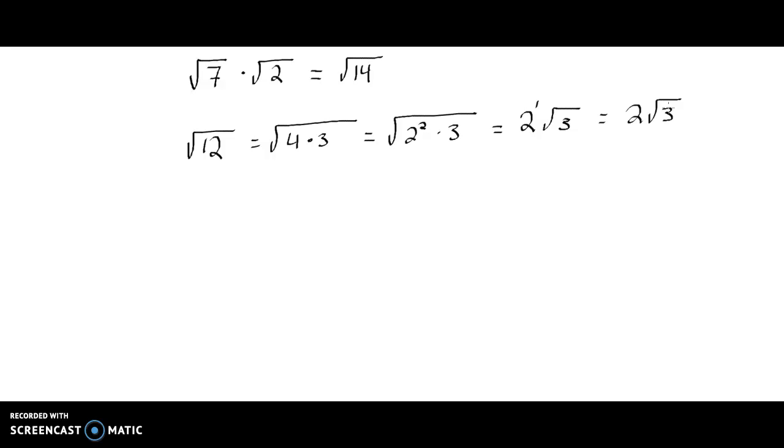So when we start looking at the quotient rule or doing some division, we also have some rules.